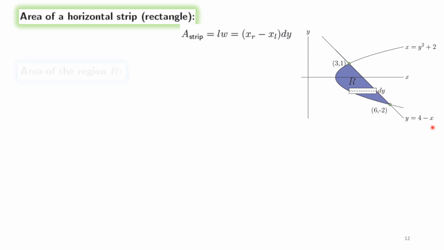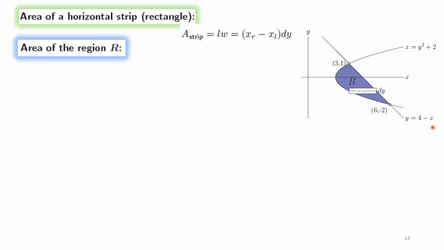So you have the area of the region R. For a specific rectangle, you have this.